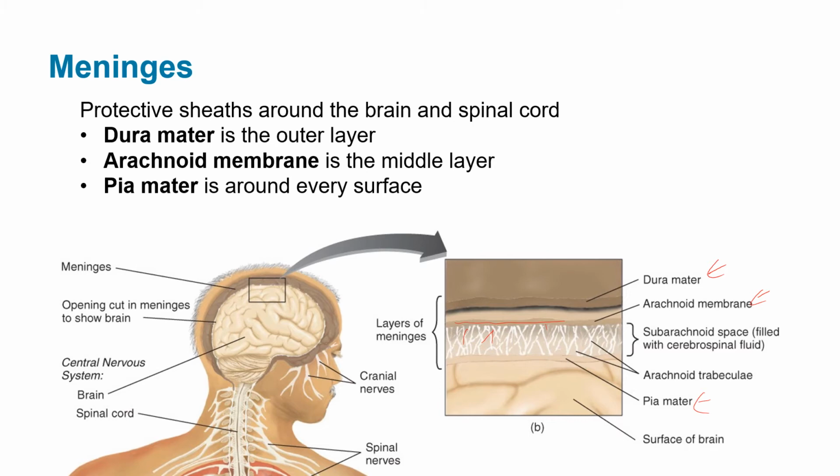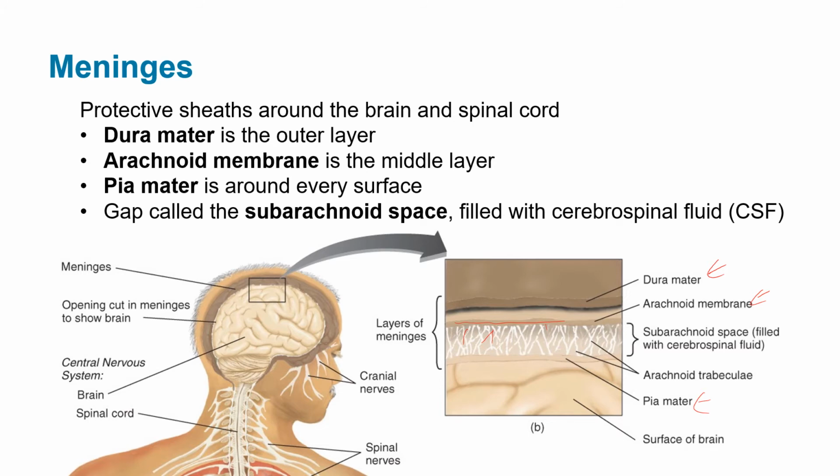So you've got the dura mater, we'll put in purple, the arachnoid membrane in red with the subarachnoid space under it, and then we'll make the pia mater green under that. All of that together makes up the meninges, if I can actually say it today.